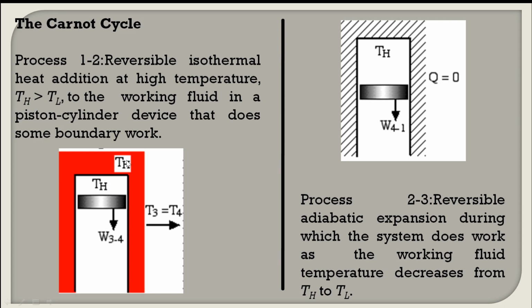In order to maintain the temperature constant, the cylinder is kept in contact with the high temperature source. So expansion is taking place and there is some boundary work W34.